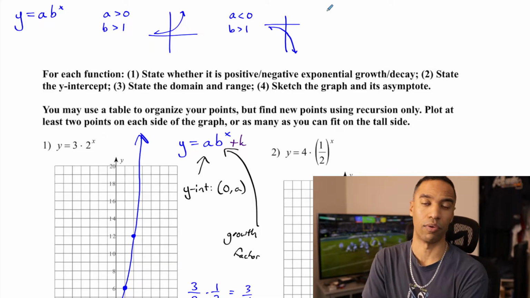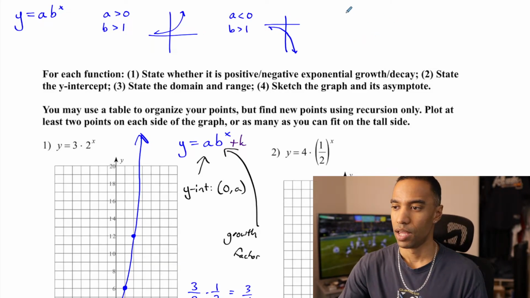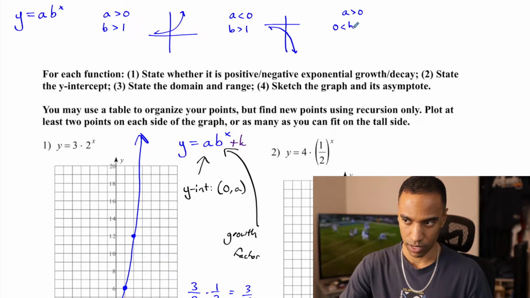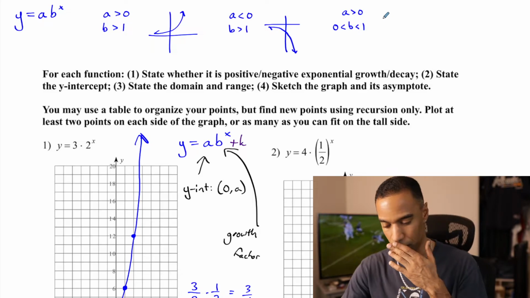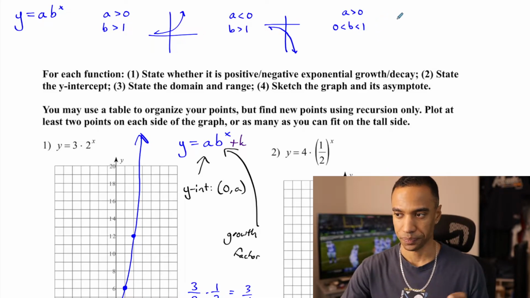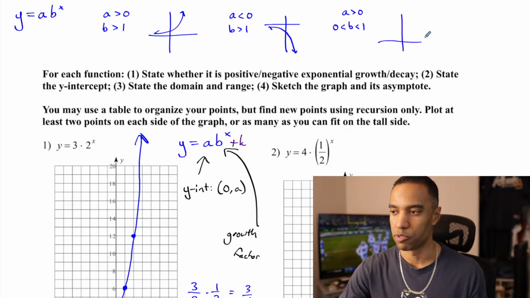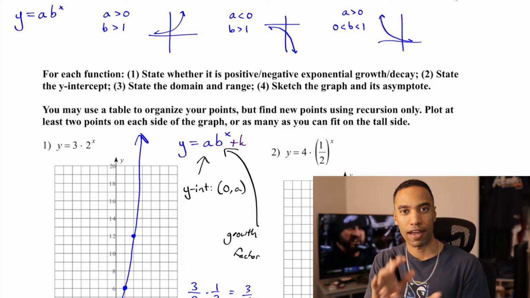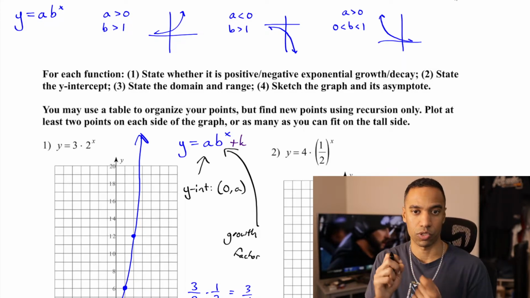Yeah, it's negative growth, and that's what those actually look like there. Now, if a is greater than 0 for positive again, but b is between 0 and 1, as I stated, multiplying by a fraction less than 1, it won't be growth anymore. It's positive, but it's called decay. The graph is going to go down like this and approach the asymptote as we multiply by a fraction over and over and shrink it toward the asymptote as we increase.